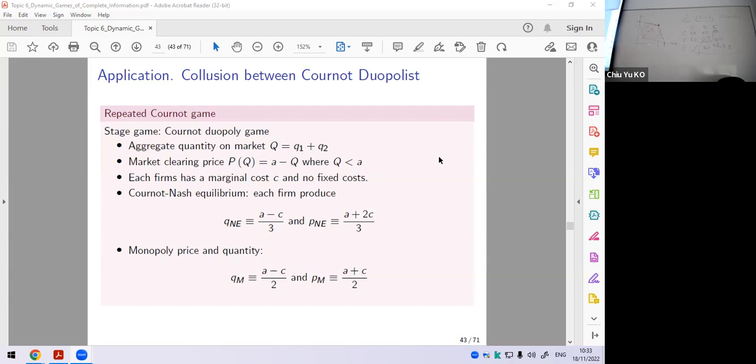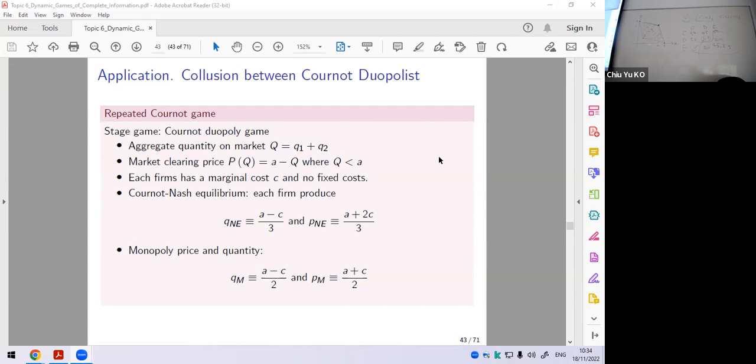Probably you would know how to solve this game. If two firms compete, each produces (A minus C) over 3, and the price is like this. Okay, and if only a single guy is a monopoly, it's (A minus C) over 2, and (A plus C) over 2 for the price. And you can easily see that in the duopoly, which is the Cournot equilibrium, each firm produces (A minus C) over 3.